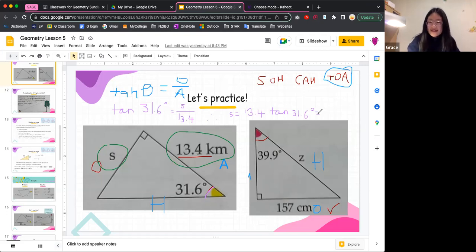All right, I just did it myself, and hopefully you came out with 8.24 km. I hope I'm right. Yeah. Cool. So that is our opposite side, 8.24 km.